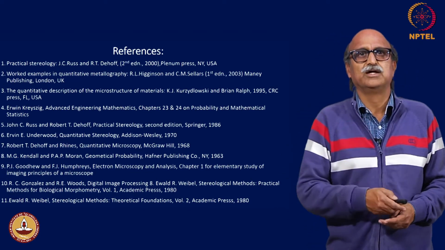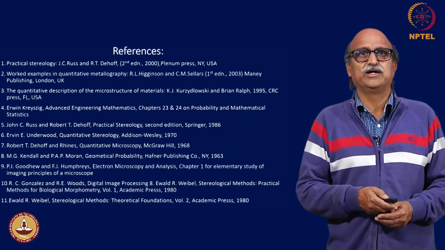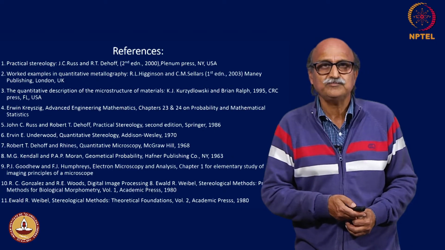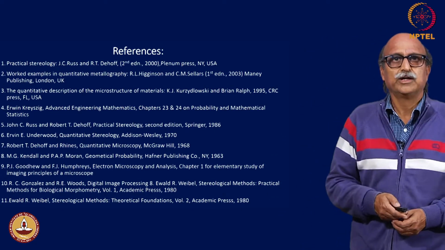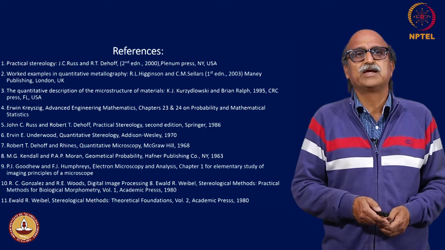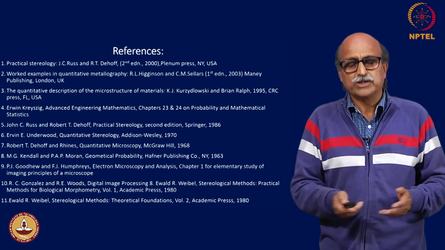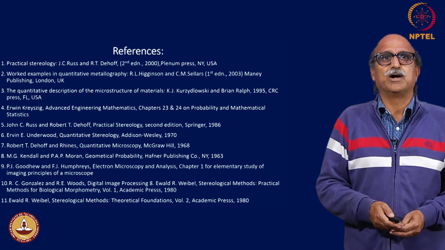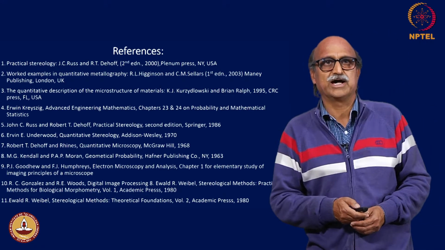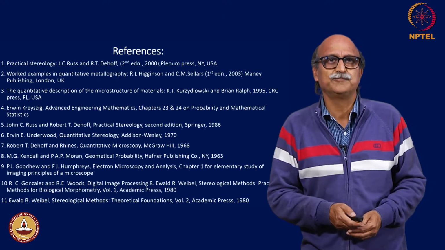Subsequently, there are other references which would be quite important for people who want to seriously enter this field. For example, quantitative stereology by Underwood, quantitative microscopy by Dehoff and Rhines, Kendall and Moran's book on geometrical probability, and people who want to get some idea of the principles of microscopy can have a look at reference number 9 by Goodhew and Humphreys.